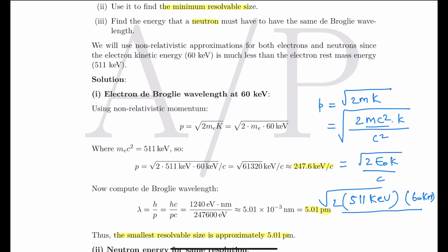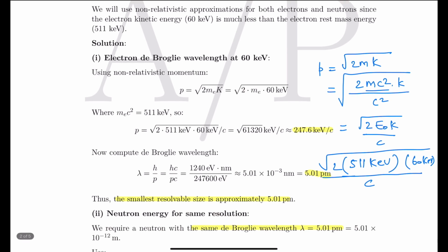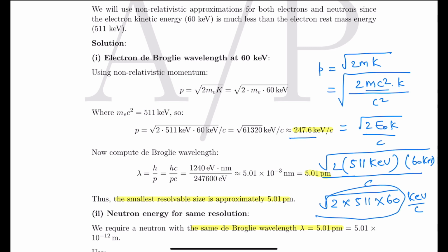So the upper value is now a lot easier to calculate, because you are simply getting the square root of 2 times 511 times 60 keV per c. This is a small mathematical manipulation which we all do to have a faster calculation, and this whole square root term gives you 247.6 kilo electron volt.